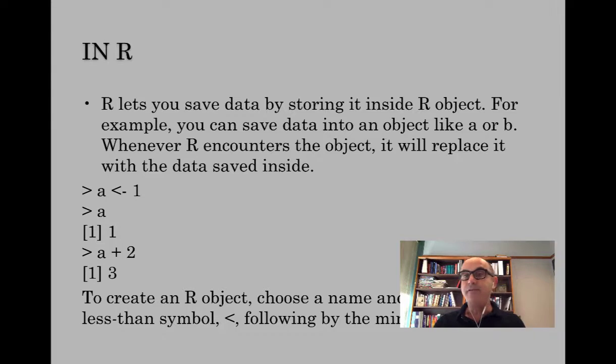If we ask what is the value of A, it will say 1. That gives us the ability to manipulate that, because in the next line we can say, okay, if A is equal to 1, what will A plus 2 equal? And again, this is something that R does so well.